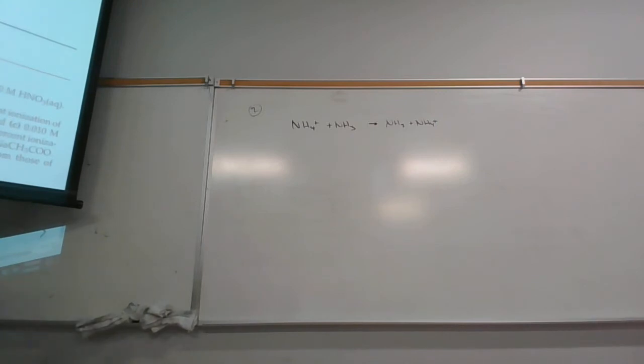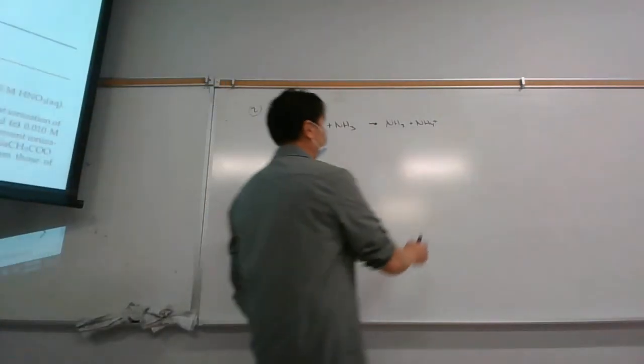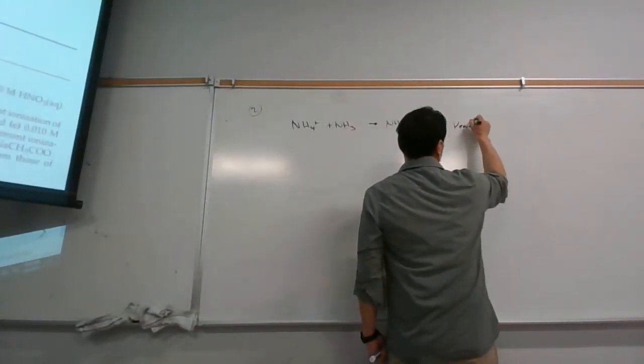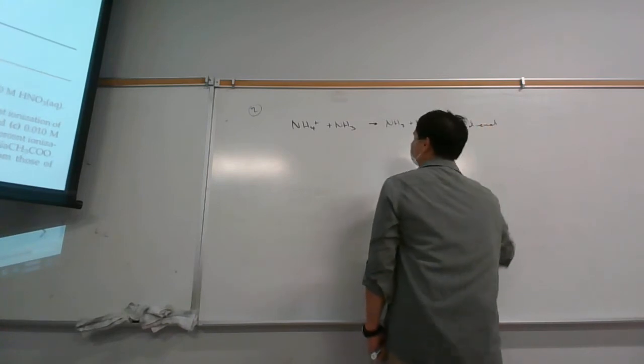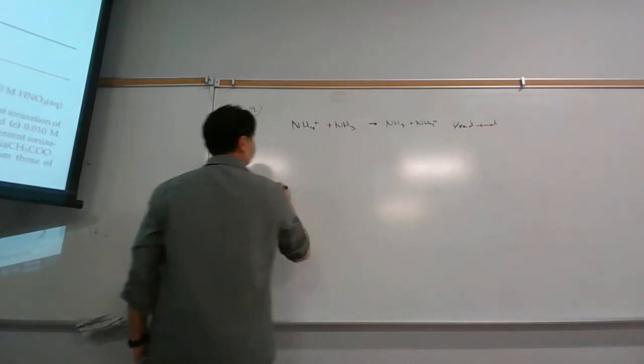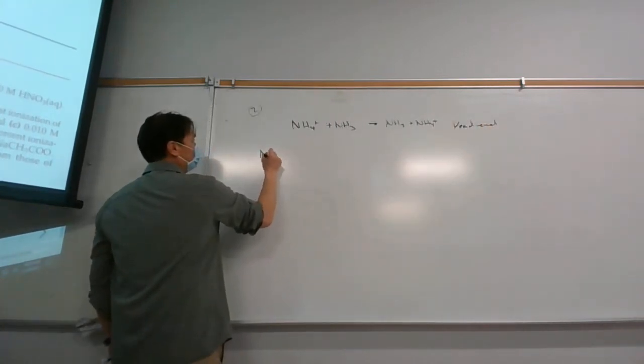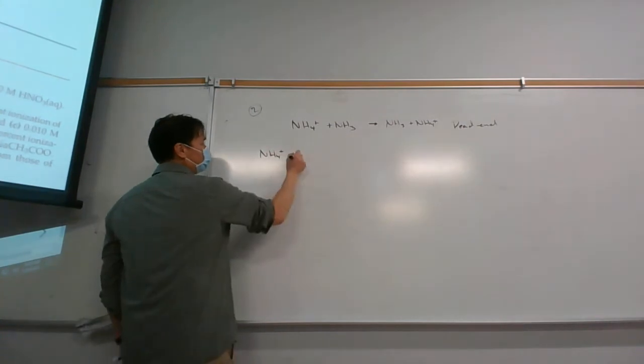Now, if that doesn't do anything, we'll take ammonium and water, or we can take ammonia and water. Or do we have to take both? Okay, so this is a dead end here. And so what we're going to do then is look at ammonium and the next strongest base, which will be water.